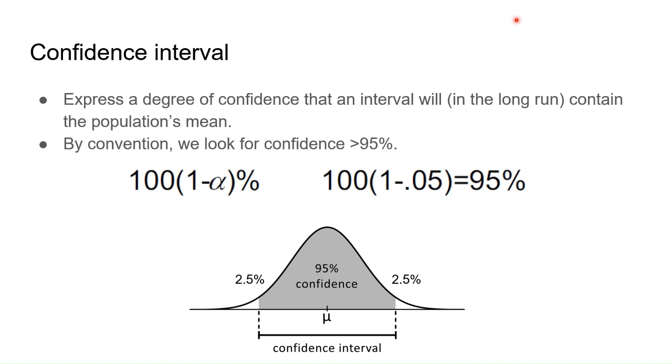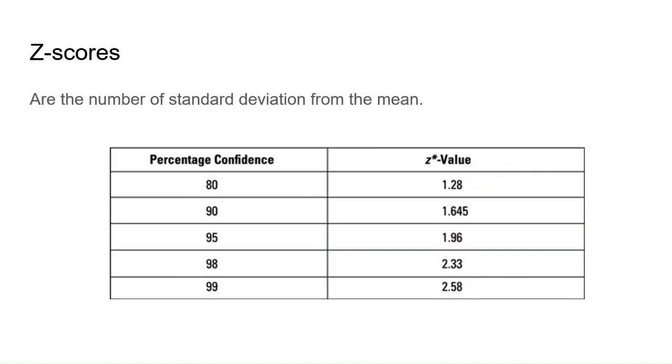2.5% of the time, the sample means will fall below the standard error, and 2.5% of the time it will fall above the standard error when we are looking for a confidence interval of 95%. We want to calculate the standard deviation. We also need something called a z-score.